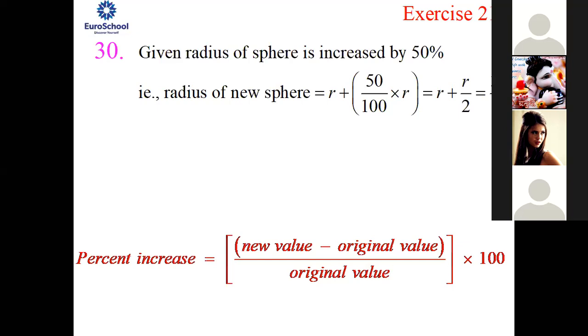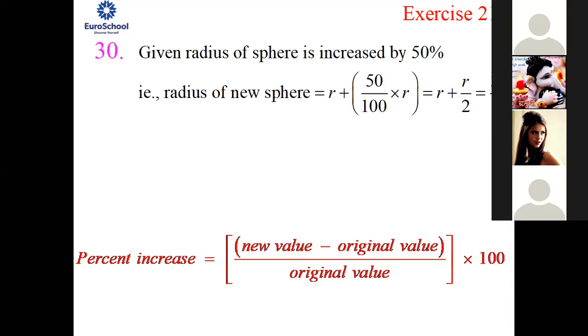Let's say you have a ball which is costing 50 rupees. Due to shortage of supply, the price of the ball is now increased by 50%.